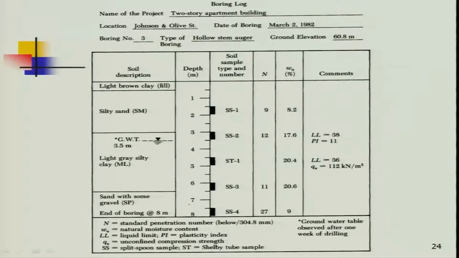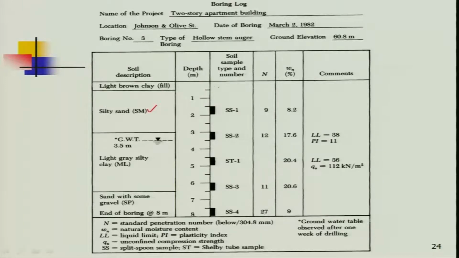Now, the initial layer up to 0.5 meter is filling soil, a light brown clay. Then there is a silty sand, and the classification also has to be put in. For silty sand, the engineering classification is SM.